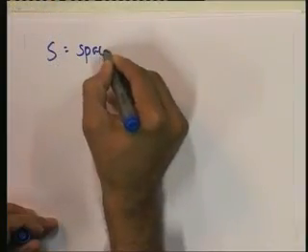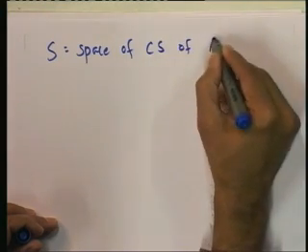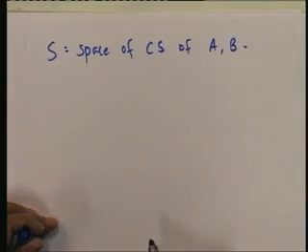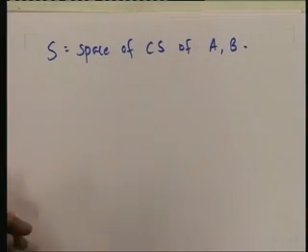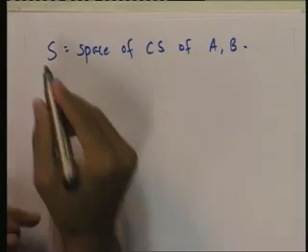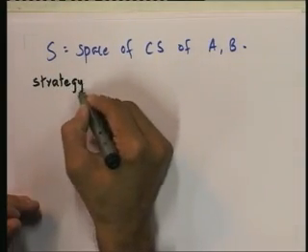Mind you, S is the space of the common sequences of A and B. Okay. So, this is what we are going to search, and now we have to partition it. So, let me write down one strategy. There can be several strategies, and I am just going to write down one.